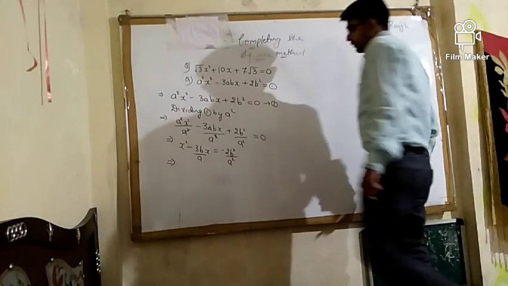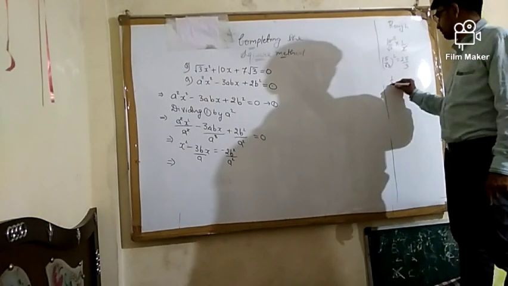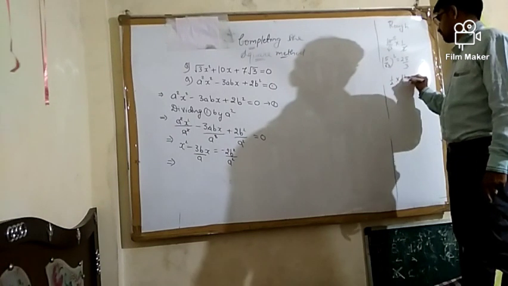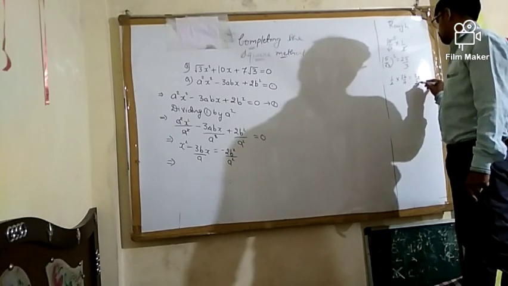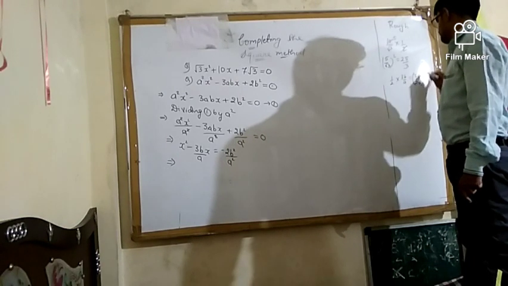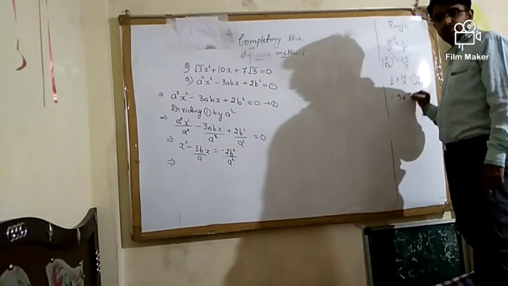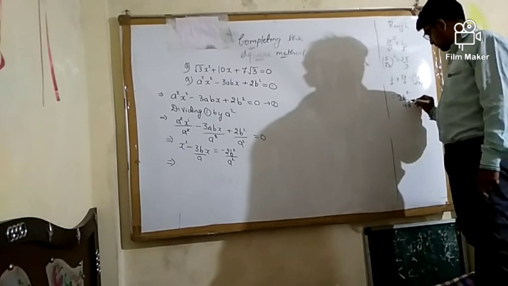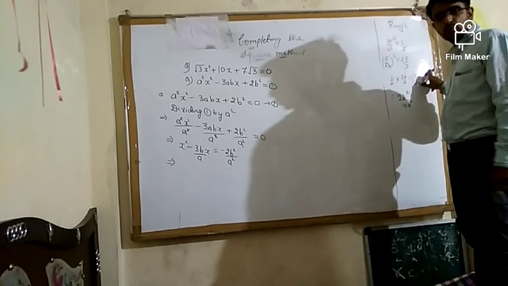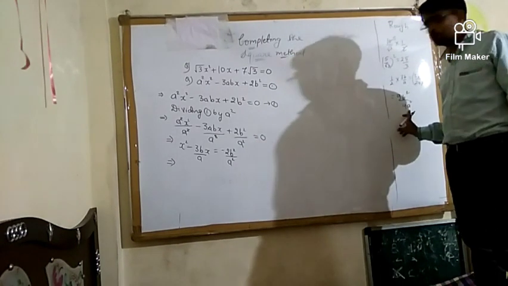Okay, now the coefficient of x is 3b by a, so I need its half. Half of 3b by a is simply 3b upon 2a, and now I need its square, so the square will be 9b square upon 4a square. Okay, 3b square is 9b square, and 2a square is 4a square.